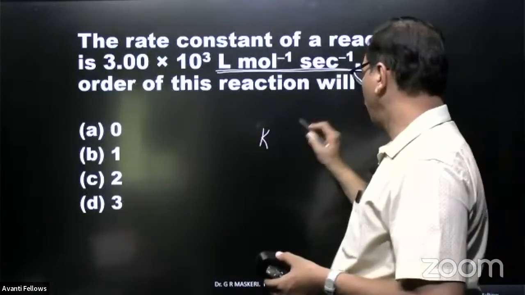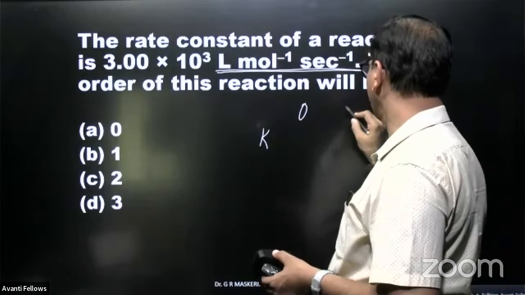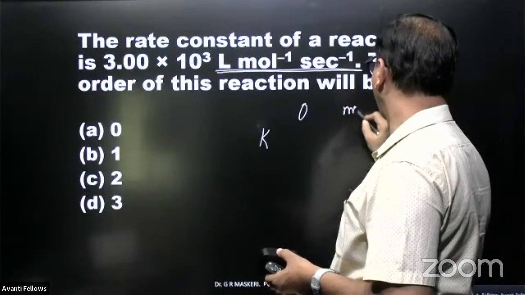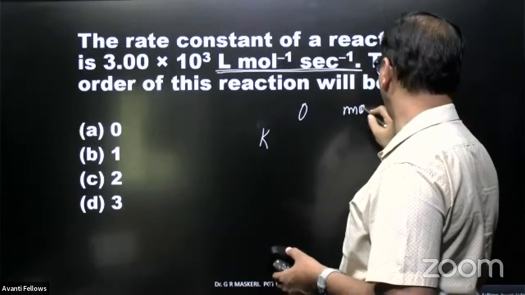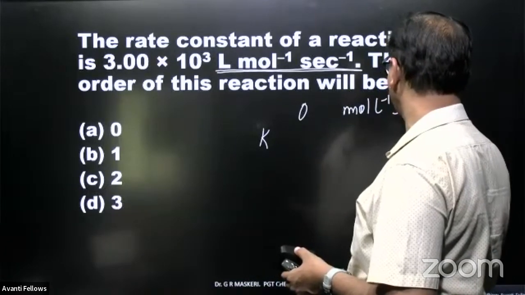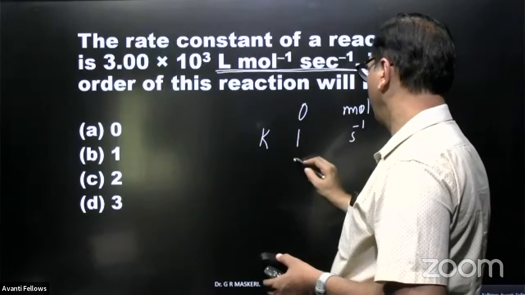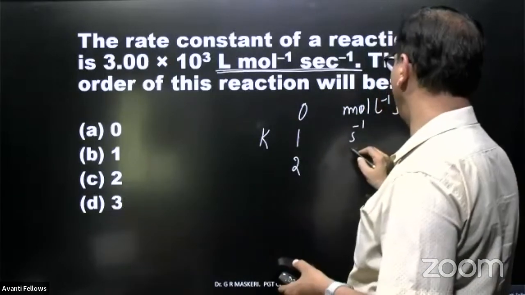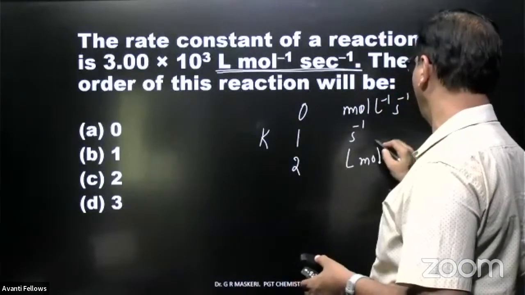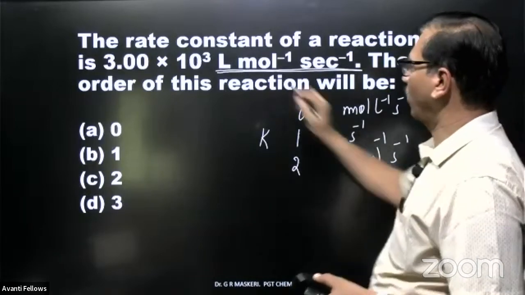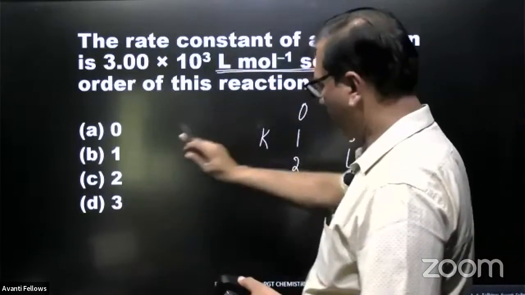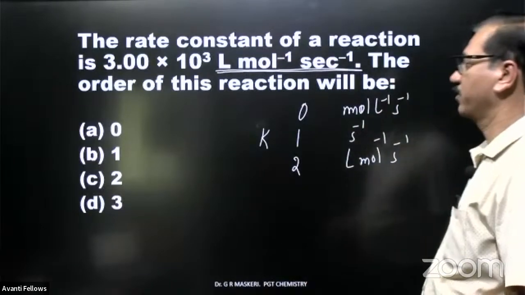For zero order, it is moles per liter per second. For first order, it is per second. For second order, it is liter per mole per second. So he observed only this to tell the answer, right?